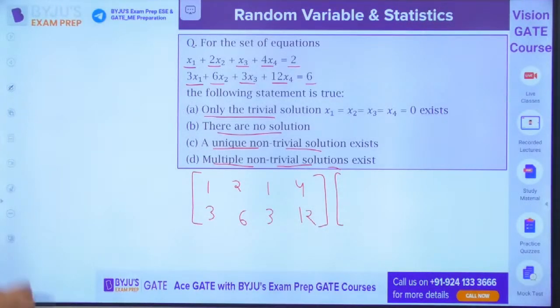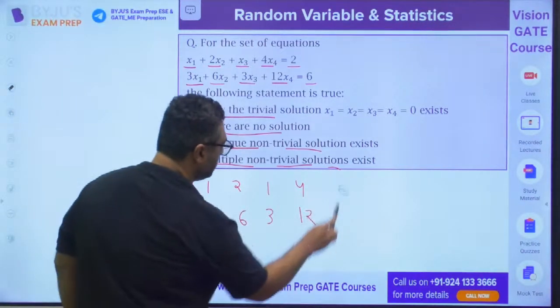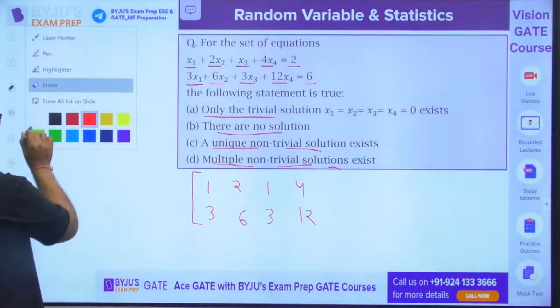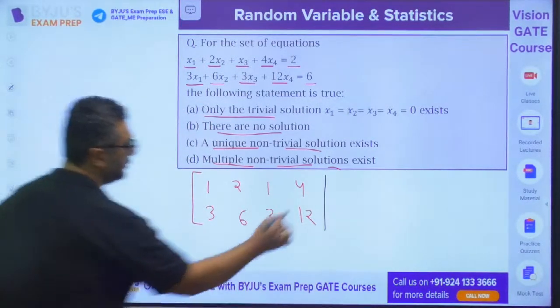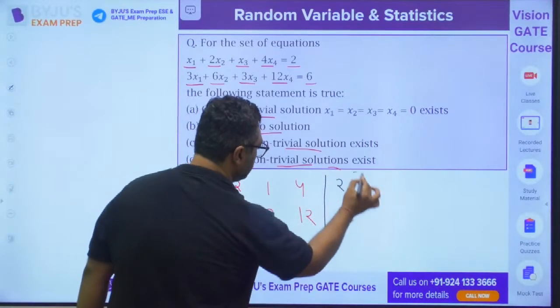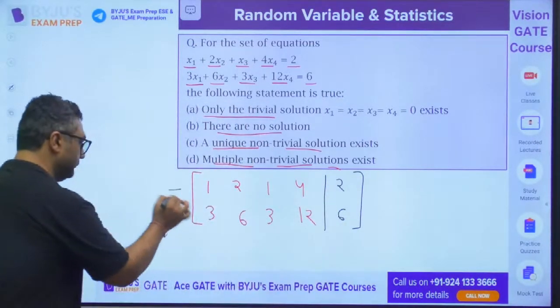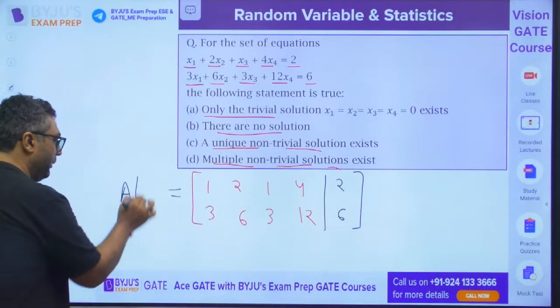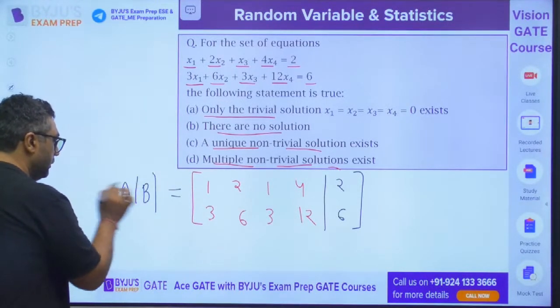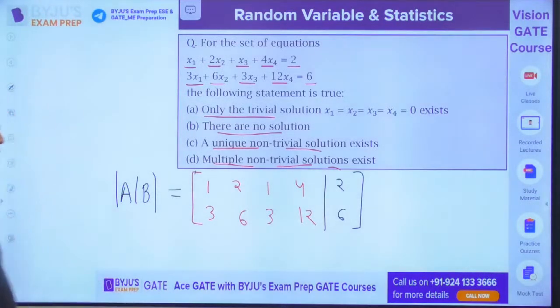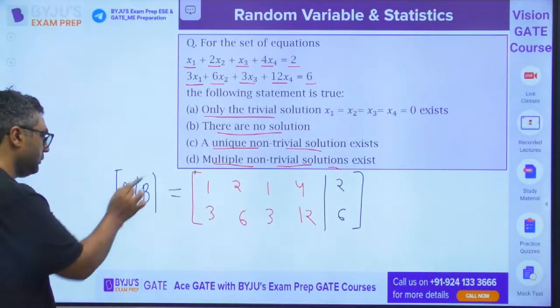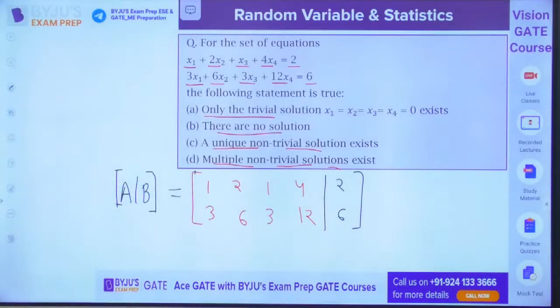Is it clear? Can we directly write the augmented matrix? 2, 6. This is A augmented B. Okay, so now, my dear, it is very easy to solve.